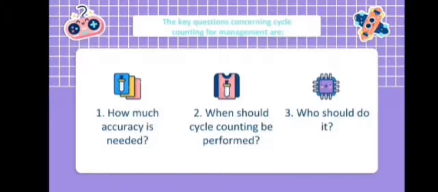So we have the key questions concerning cycle counting for management. These are: first, how much accuracy is needed? Second, when should cycle counting be performed? Third, who should do it? Some companies use certain events to trigger cycle counting, whereas others do it on a periodic or scheduled basis.